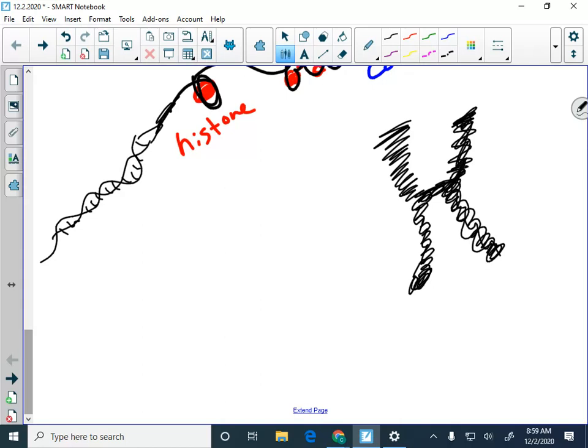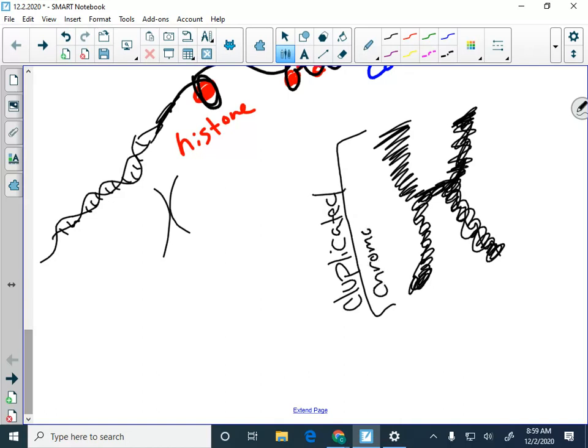So it can be like that. You could draw it just like that. That would work fine. This whole thing is called a duplicated chromosome.